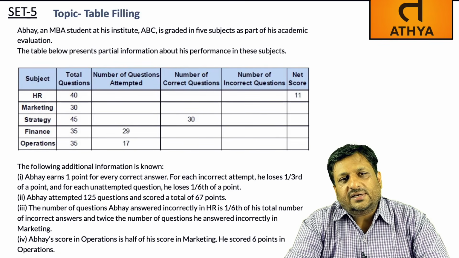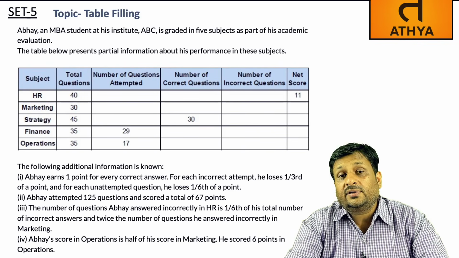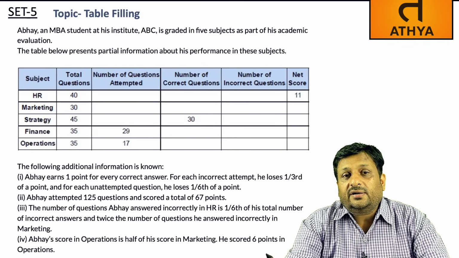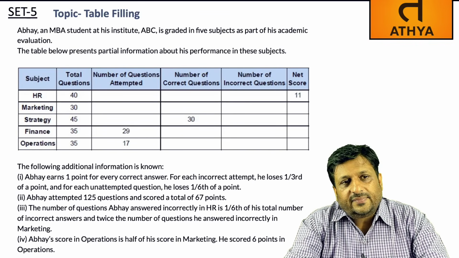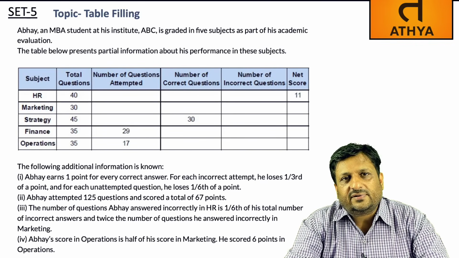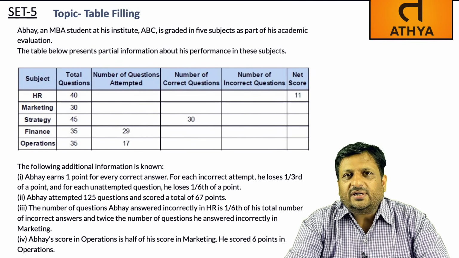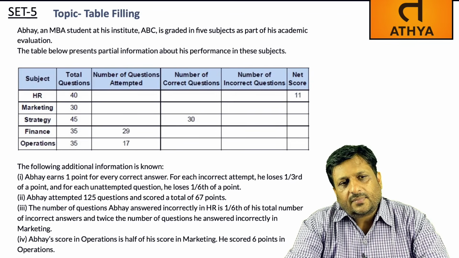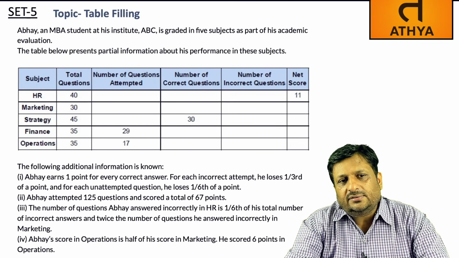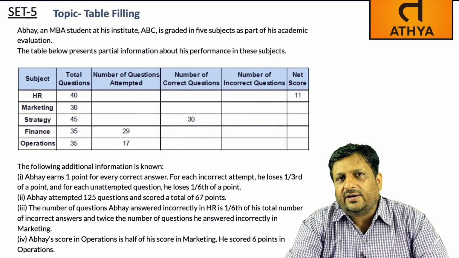Okay, in finance he has attempted 29 questions, and in strategy he has attempted 30 questions correctly, and his net score in HR is 11. Now a few points are given here. First, Abhay earns 1 point for every correct answer.